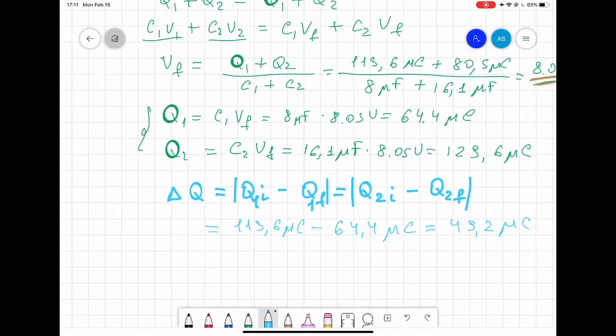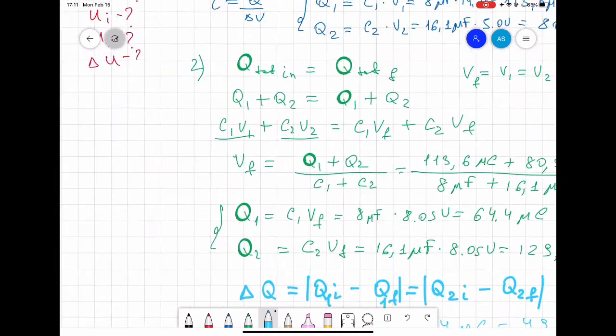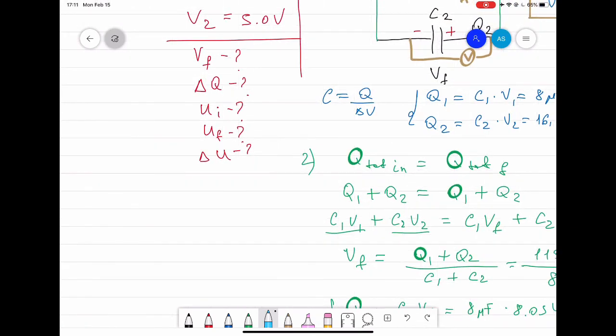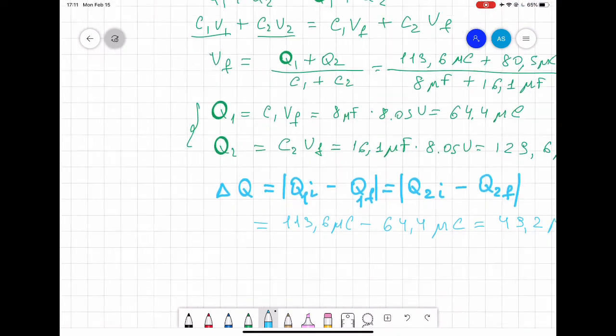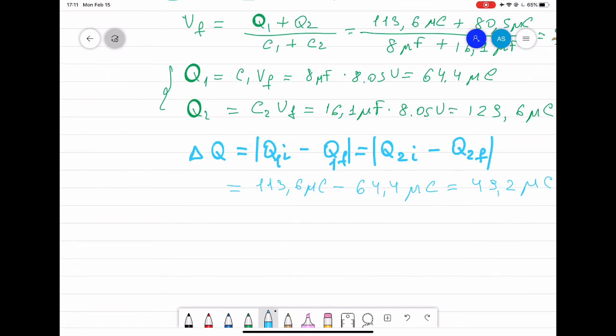Now what is left here? We have to find the initial energy stored in the capacitors and the final energy stored in the capacitors. For that, you find U initial, which is U1 initial plus U2 initial. The formula is C1 V1 squared over 2 plus C2 V2 squared over 2.